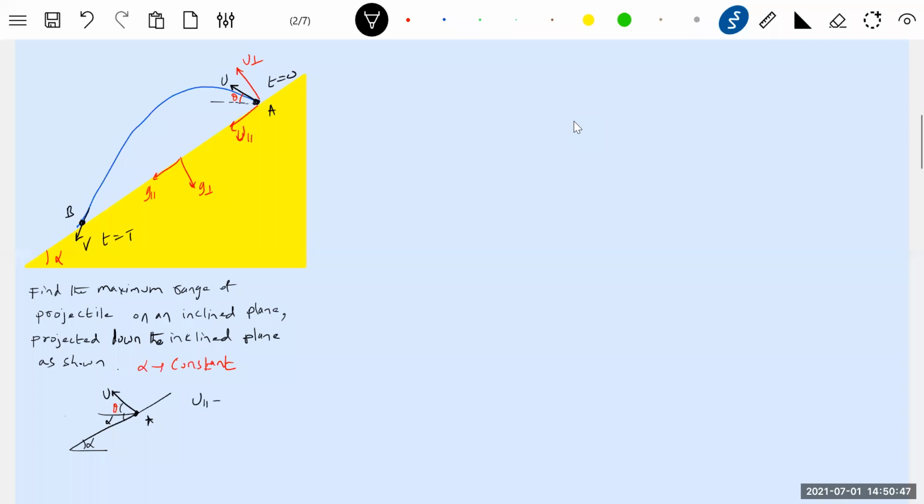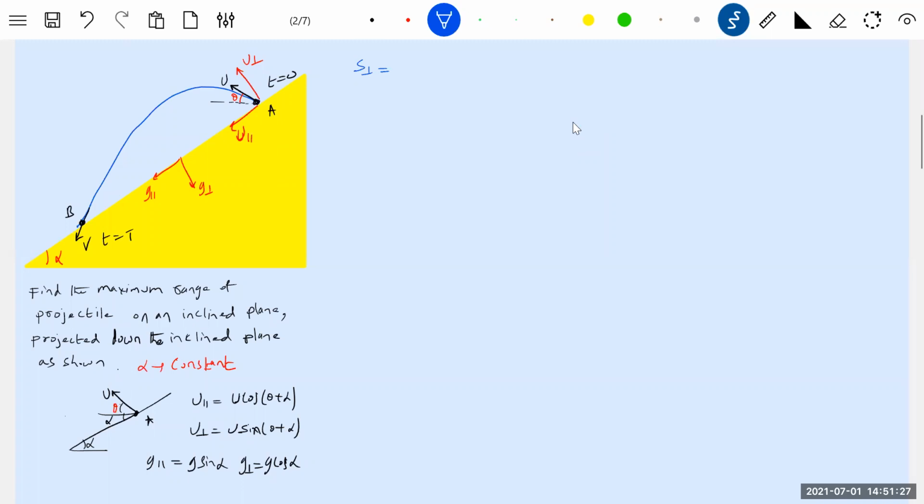u parallel will be u cos theta plus alpha. g parallel will be g sin alpha. g perpendicular will be g cos alpha. Now the displacement perpendicular to incline.